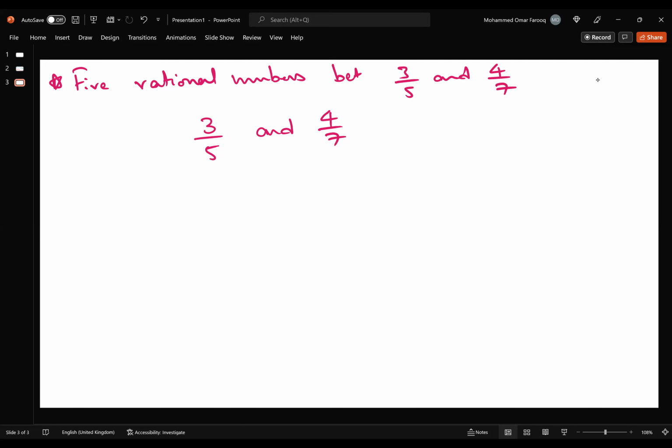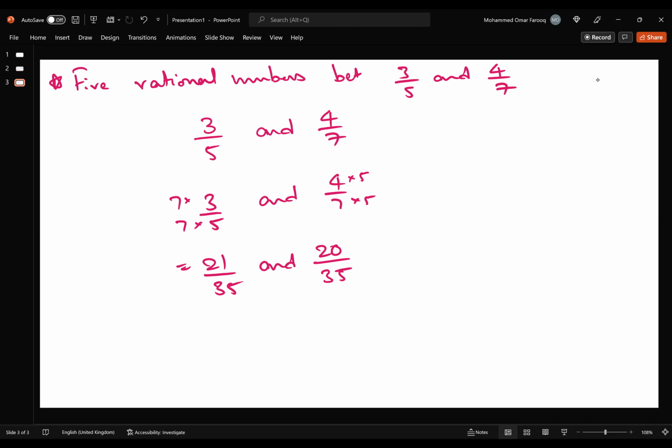Multiply the first fraction with 7, the second denominator, and 4 by 7 with 5. So what happens? 3 by 5 becomes 21 by 35 and 4 by 7 becomes 20 by 35. Now you can see that you got 21 and 20, consecutive numbers, right?